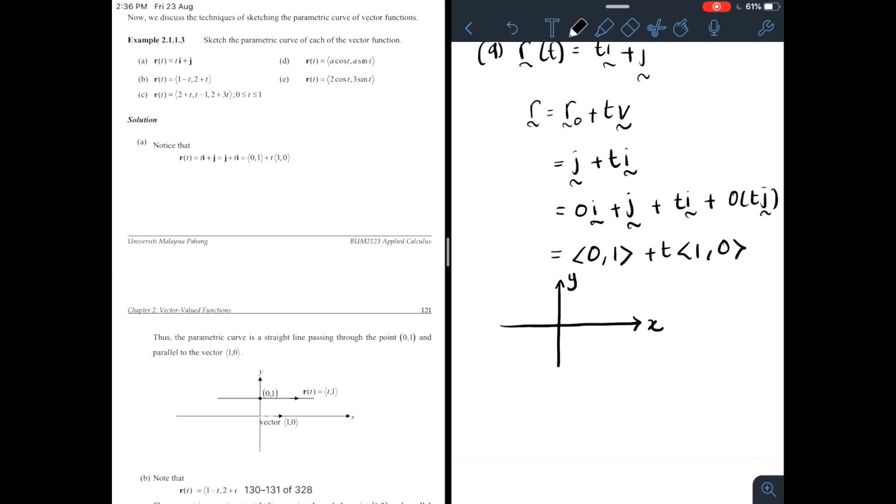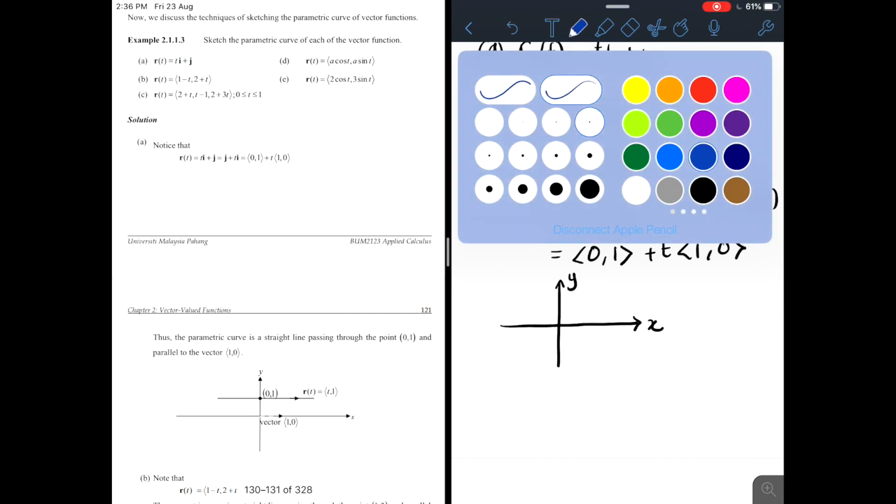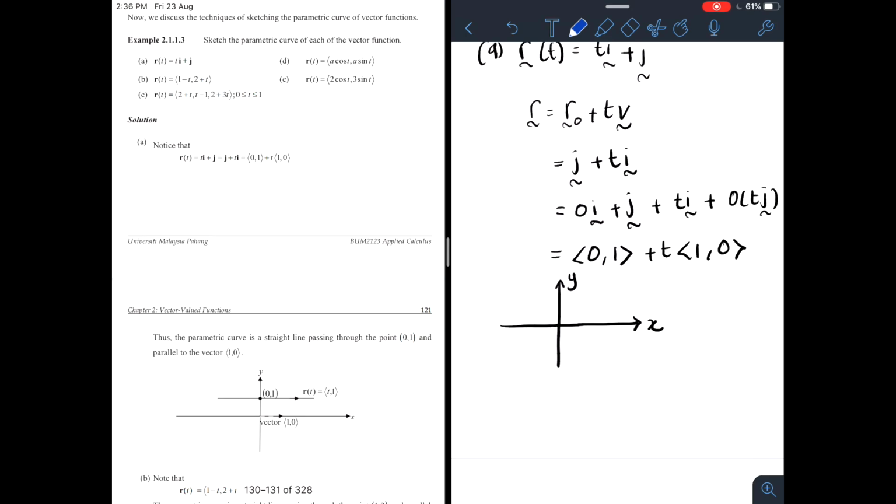So try to locate where point (0, 1) is. Point (0, 1) is somewhere over here. Let me change the color of my pen. So (0, 1) is somewhere over here.